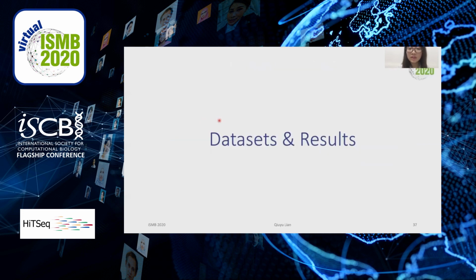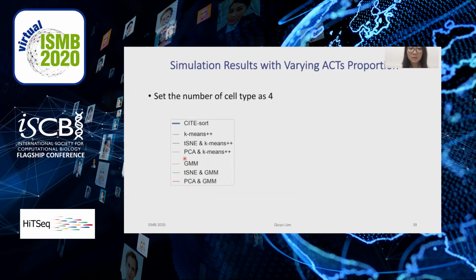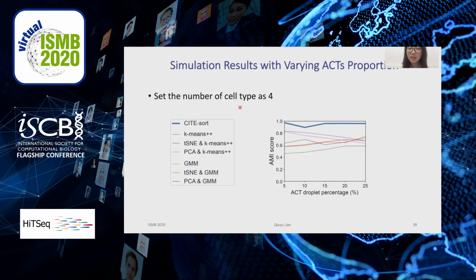Then let's go to the datasets and results. We tested CITE-sort in 2 sets of simulation experiments and 8 real datasets. In the simulation experiments, we compare CITE-sort with k-means, GMM, and their variant methods. In the first set of simulations, we fixed the number of cell types at 4 and gradually increased the ACT proportions from 5% to 25%.